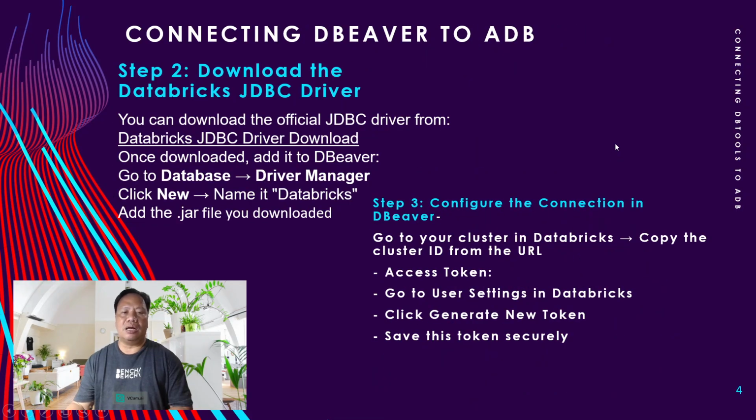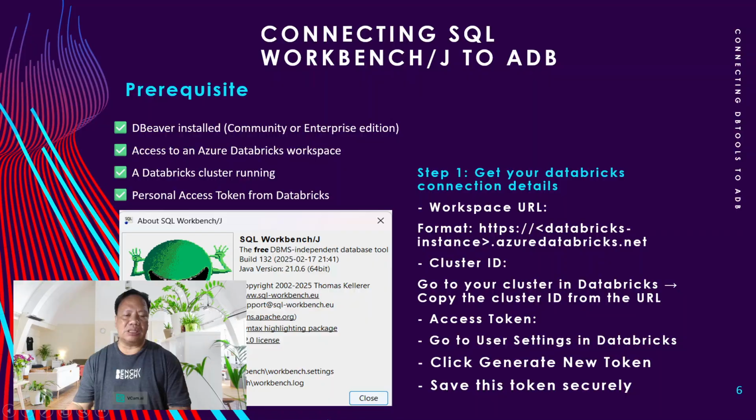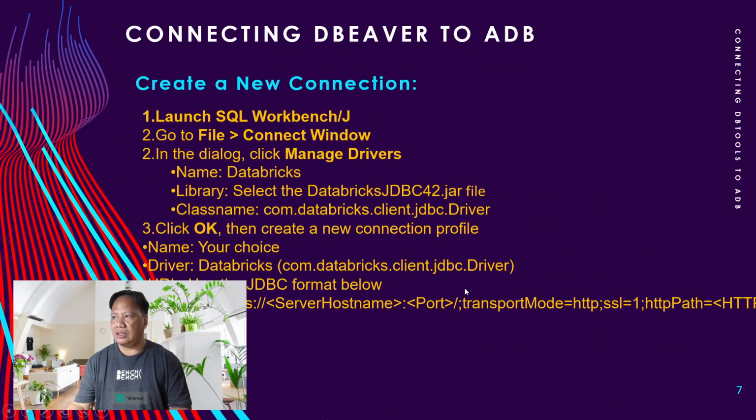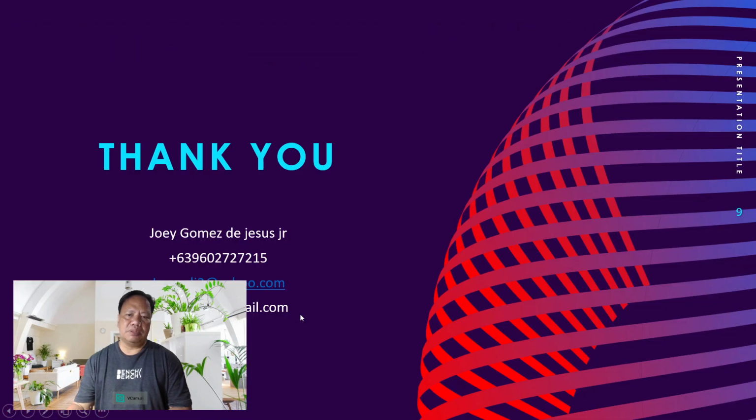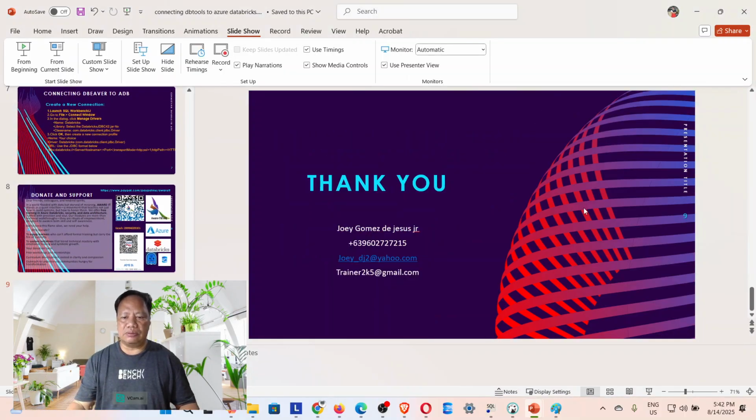If you don't have the driver for the Databricks JDBC, you need to download it and configure the connection, which is the same for SQL Workbench. We're going to see that in a while. They are pretty much the same, except for Visual Studio Code. Okay, so we're going to jump into the demo right now.